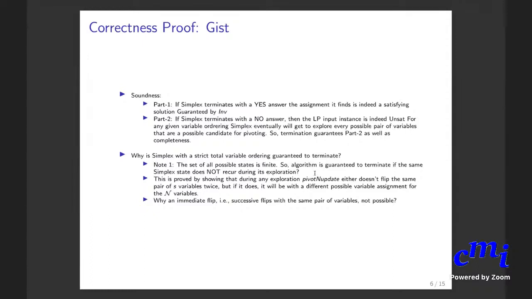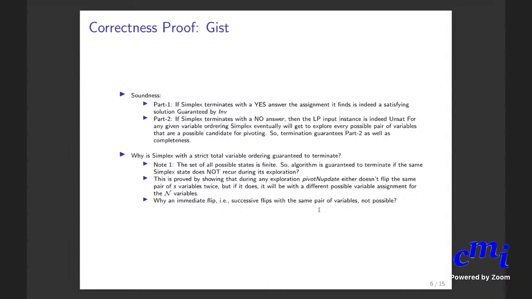Either the lower and upper bounds assigned to the non-basic variables will be different, and therefore even when you may have the same non-basic set at different points, the values of the assignments for the variables will be different. That's why they never recur, and that's why simplex works.